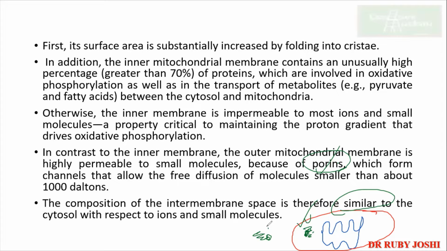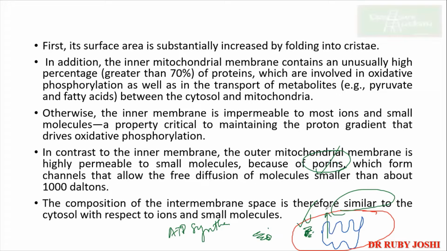Ma'am, is it to separate the amount of protons that accumulate? Correct, correct. So here when we were talking about ATP synthesis, right? Now we are making so much effort, complex 1, 2, 3, 4, they are making so much effort in making a proton gradient from the matrix to here, right?